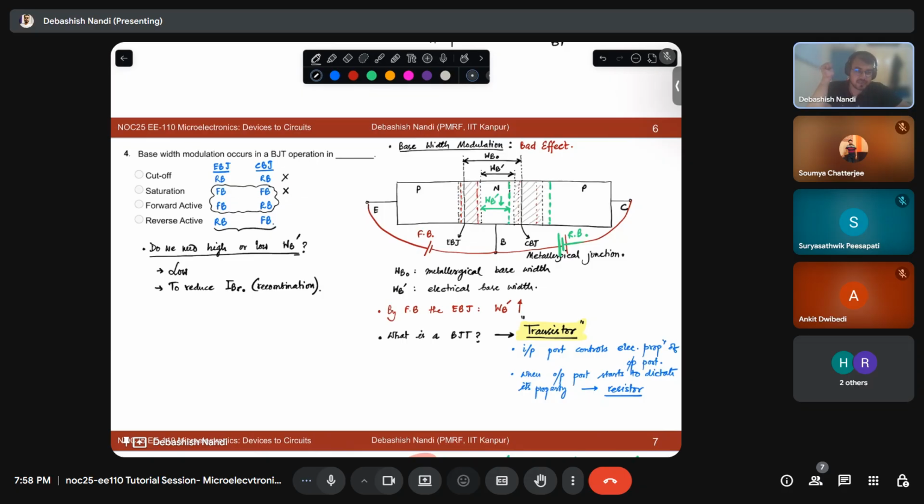Because your emitter base junction is now reverse biased and your base is lightly doped with respect to your emitter, most of the depletion will be in your base region. So your emitter base junction, which is now the output side if you want to use it as an amplifier, would be controlling its own characteristics, which is not desired, right?